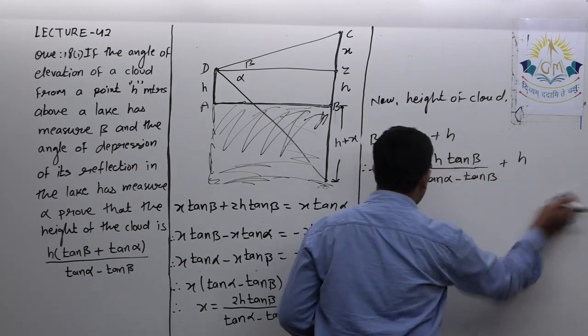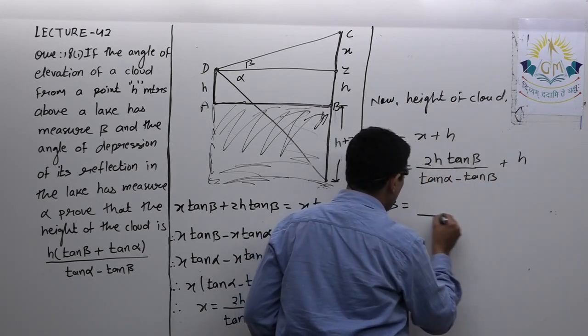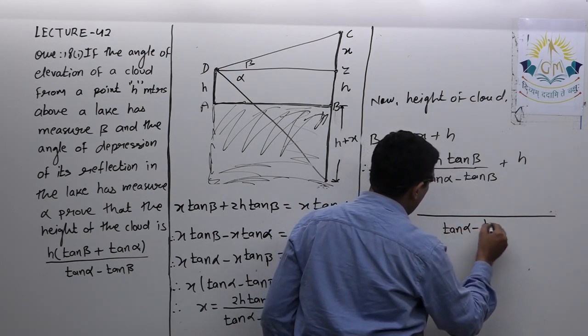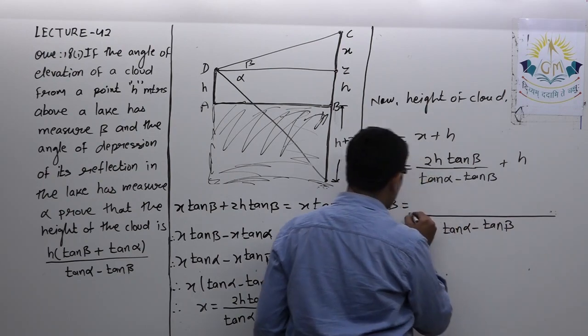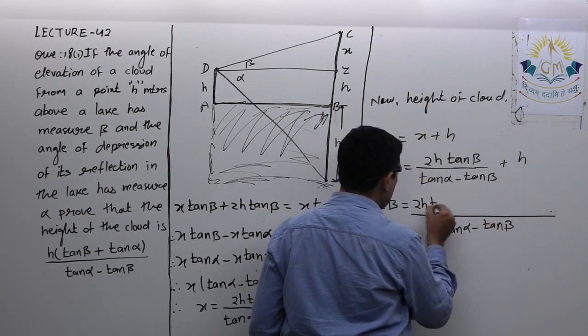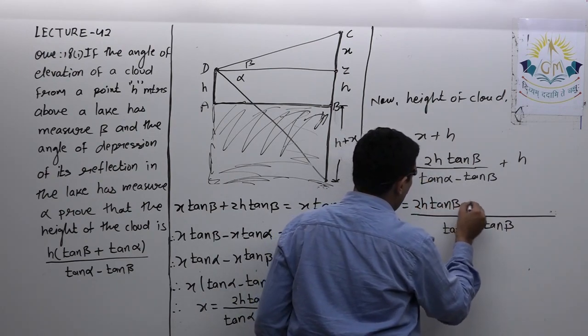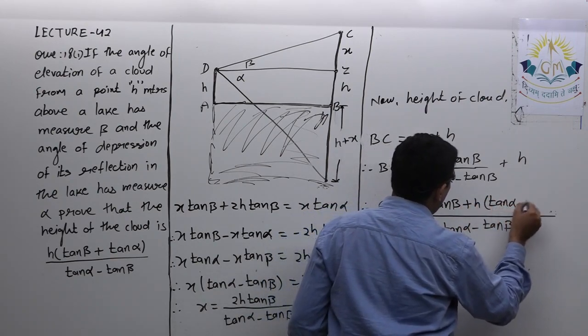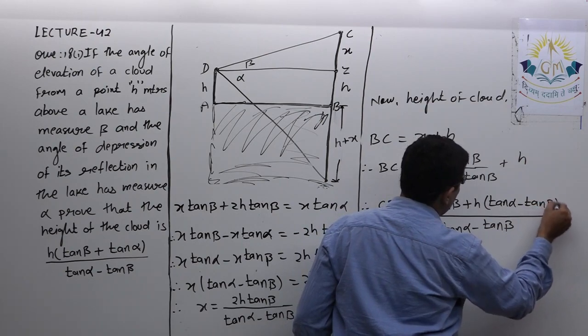Okay, here you have to take the LCM. So let me write the denominator. It remains as it is, that is tan alpha minus tan beta. And over here, what will I get? 2h tan beta plus h multiplied by tan alpha minus tan beta.